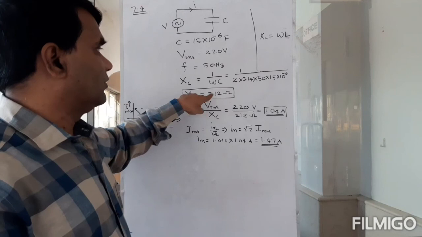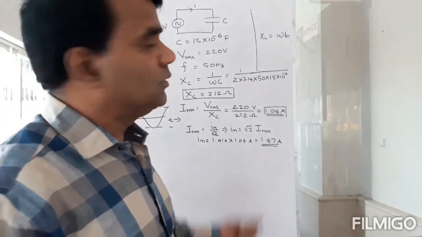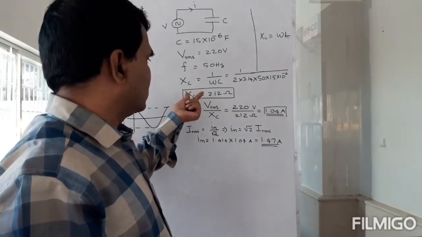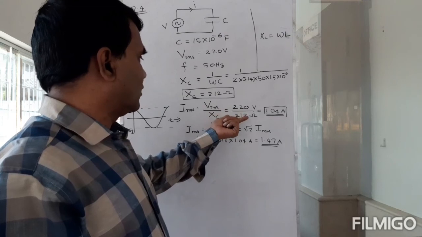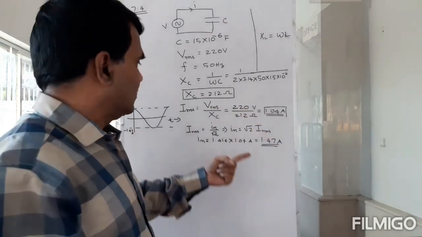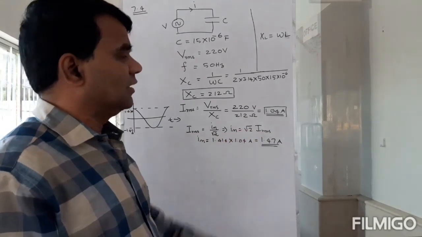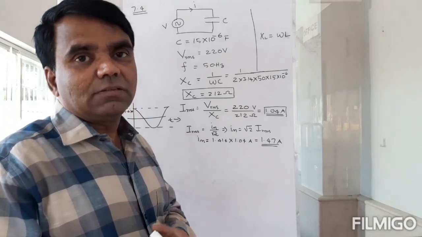So instead of 212, I'll have 106 ohms as the capacitive reactance. Then I'm going to have 2.08 amps, and the maximum would be nearly 3 amps. So everything will double.